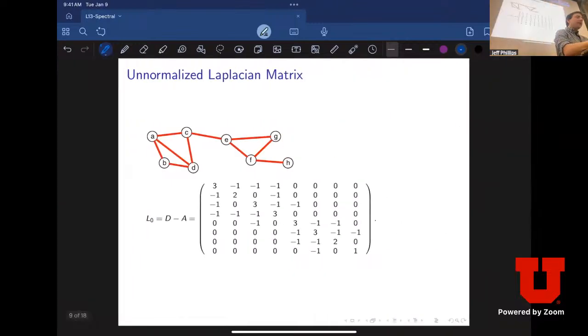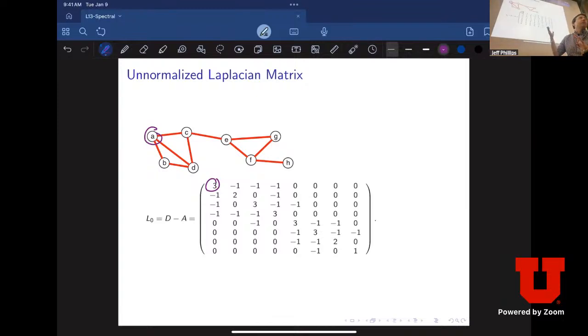And then the unnormalized version of the Laplacian matrix of the graph is just going to be D minus A. We'll call this L0. This is again a matrix D minus A, and that's what the matrix looks like. One way of thinking about the unnormalized version is if I look at a node A, it has a degree of 3, which is represented here because it's D minus something.